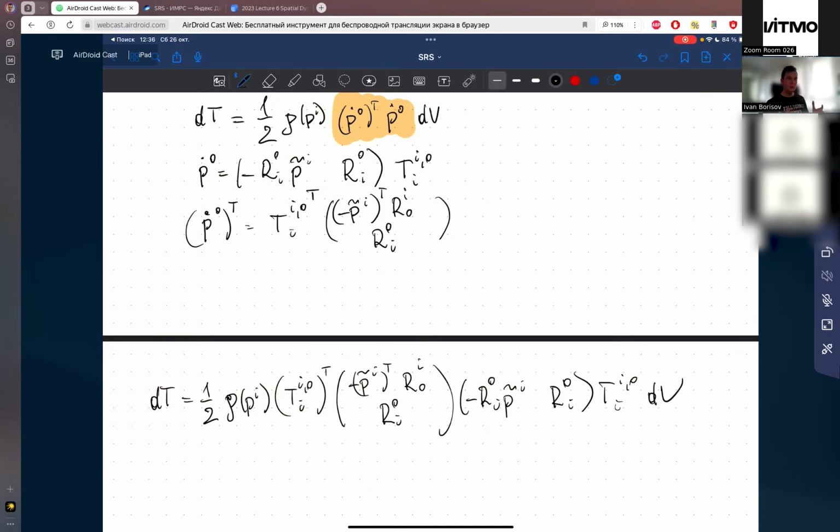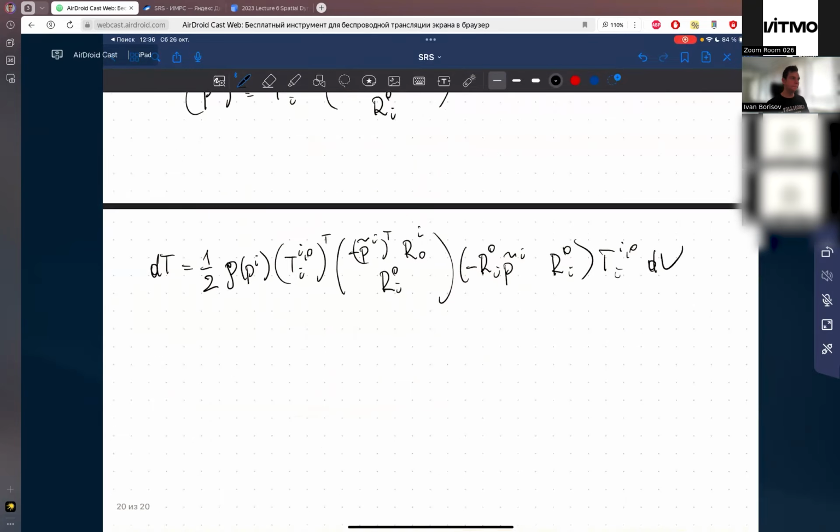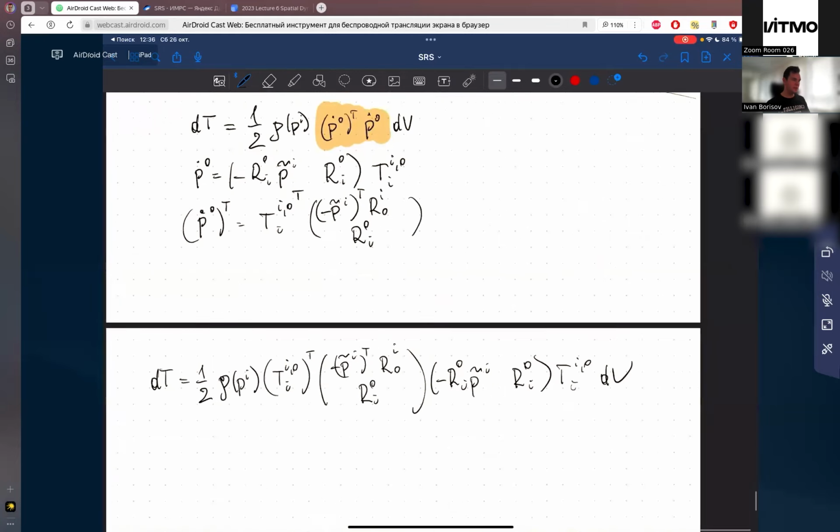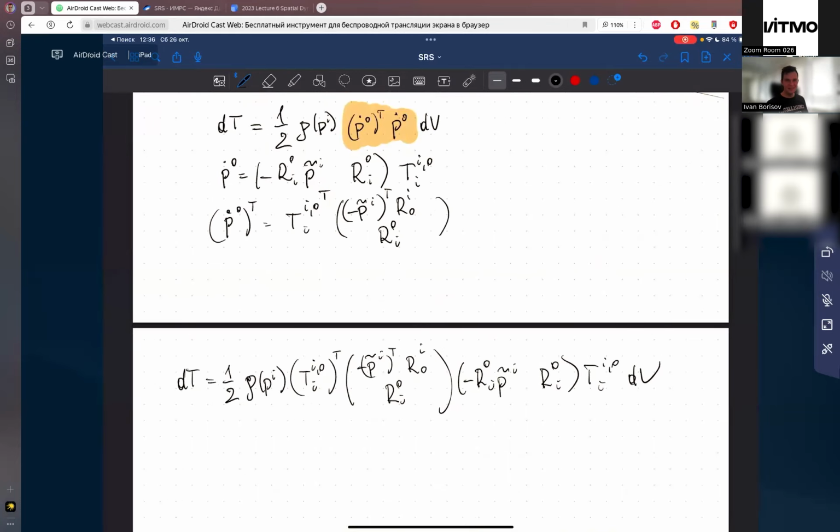Do you see, is it clear how we derive this equation? The procedure, the idea, is it clear? Yeah, almost clear. Okay. So this is the kinetic energy of an infinitesimal small piece of body.